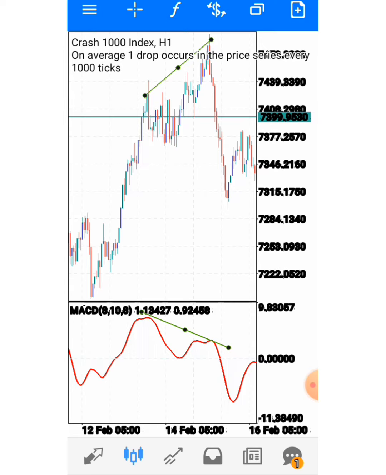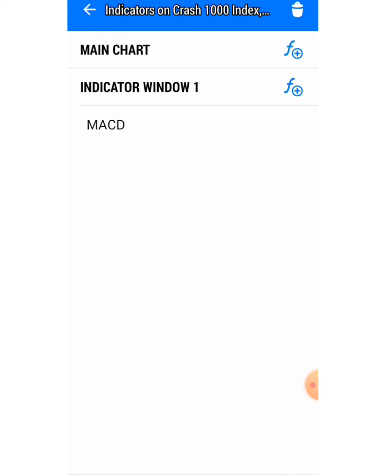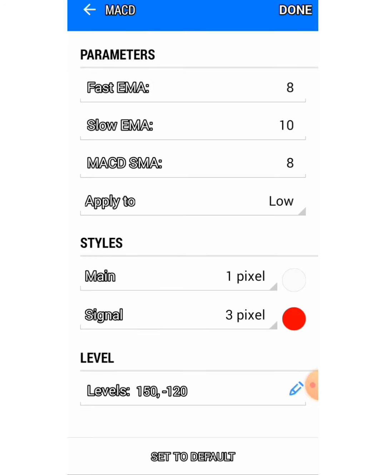So let me show you the settings of the indicator I'm using, that is MACD. I click on it. Fast EMA is 8 period, slow EMA 10, MACD SMA 8, apply to low.